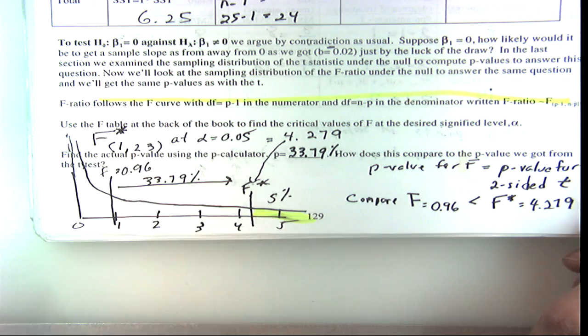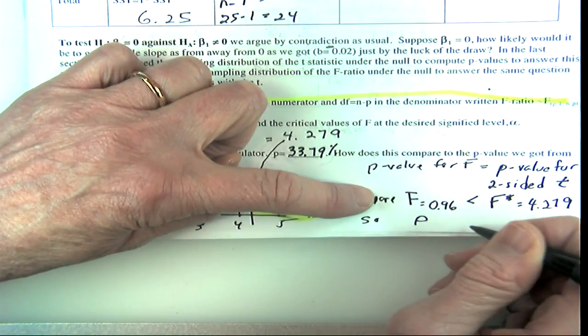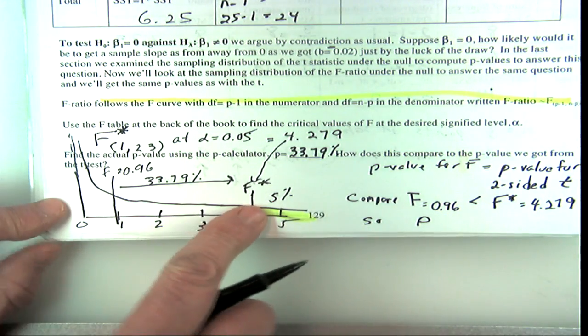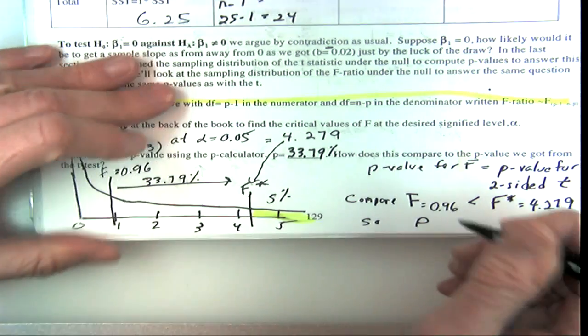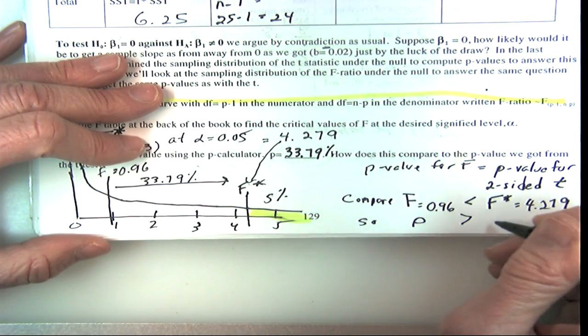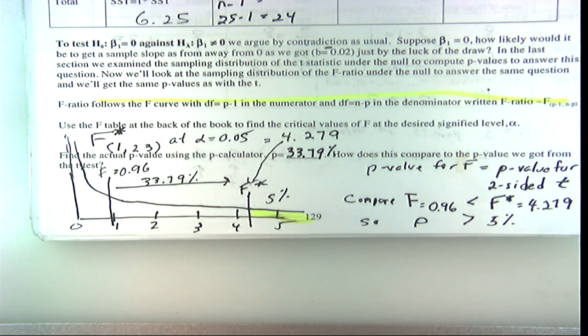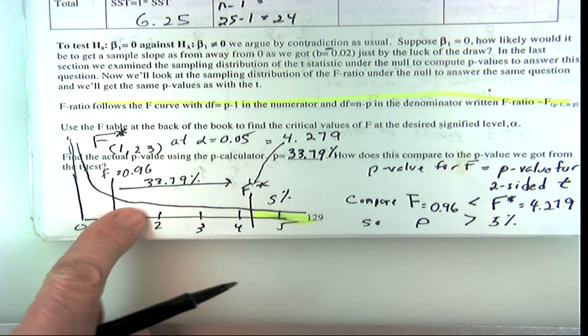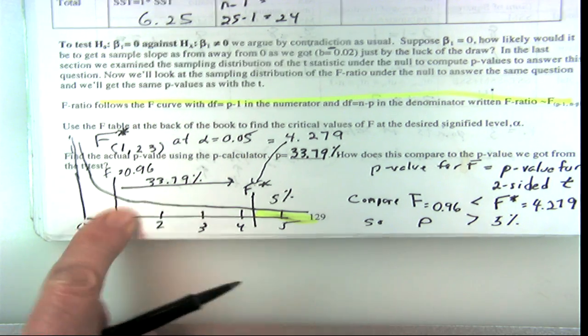So that means that our p-value, so our p is greater. The p is like the tiny little bit out on the tail. We're way over here. So our p is greater than 5%. So we do not reject the null. We're very consistent with the model that the null says that nothing's going on. This is where we'd expect to be.